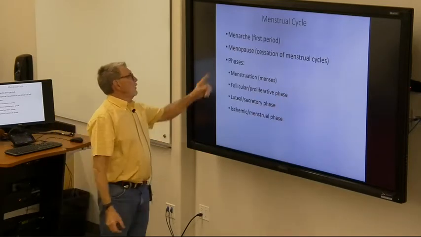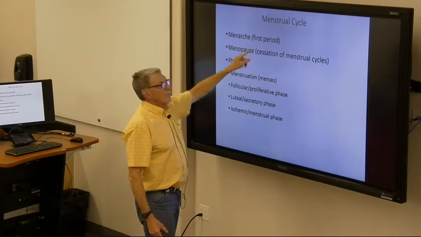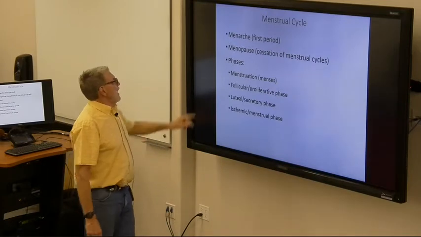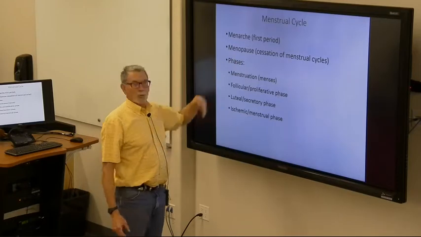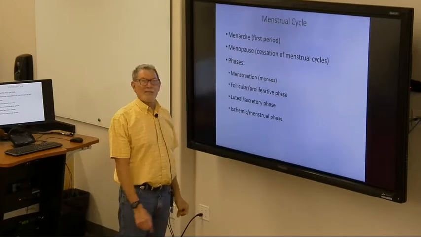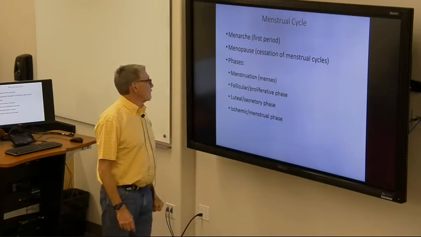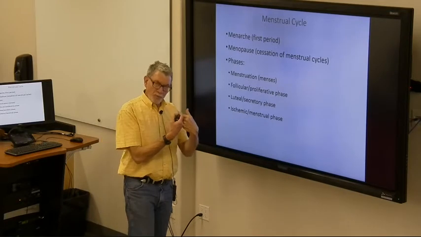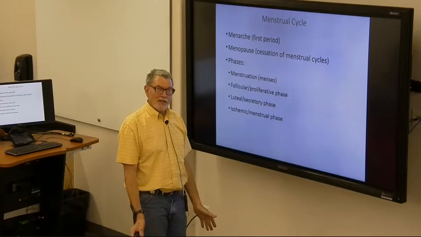Menstrual cycle: menarche is the first menses, the first period that happens at the very onset of puberty. Menopause is the end of your menstrual cycle lifetime, and you stop having menstrual cycles. We have menstruation, where the previous material from the endometrium is sloughed out.